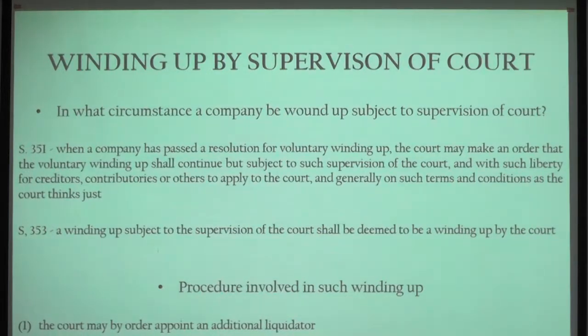And thereafter, the court follows the same procedure as the voluntary winding up, and from time to time the court summons the liquidator to inform the court of the procedures and steps taken.